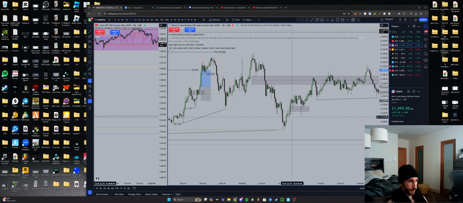Second reason is PD arrays below the fair value gap, meaning that there could be some sort of key level here, an inversion, order block, something like that, that is preventing price from wanting to come down and rebalance into that open or breakaway gap. So in that case, if it does get left open, like I said, it's going to be a breakaway gap.